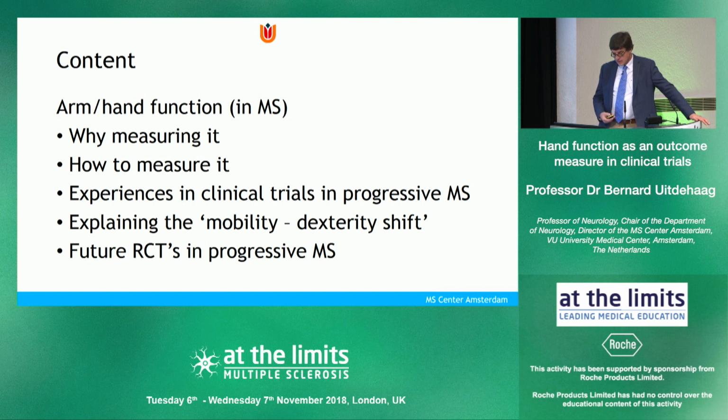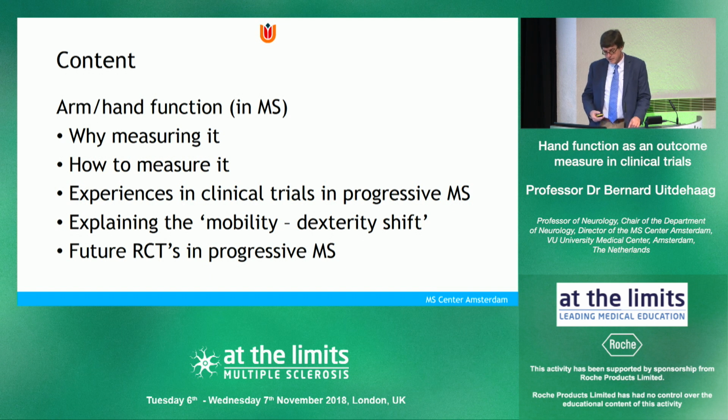Explaining something that I've called, and I'm not a native English speaker, as you probably noticed already, the mobility dexterity shift, the difference between ambulation and upper limb function. And what could we do in future trials in progressive MS?